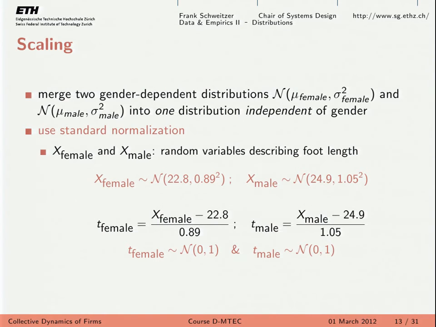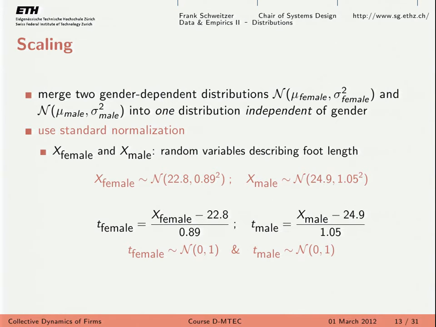This was given 2 slides before. And this means that instead of having a distribution from which I draw all the numbers for the females and then a distribution from which I draw all the numbers for the males, I now have just one distribution, namely the normalized distribution that describes both males and females, right?